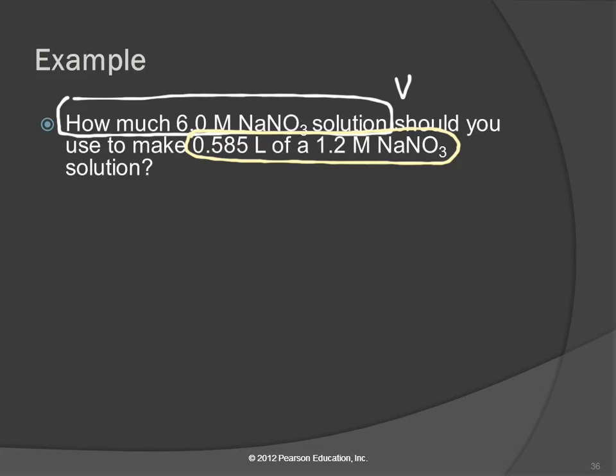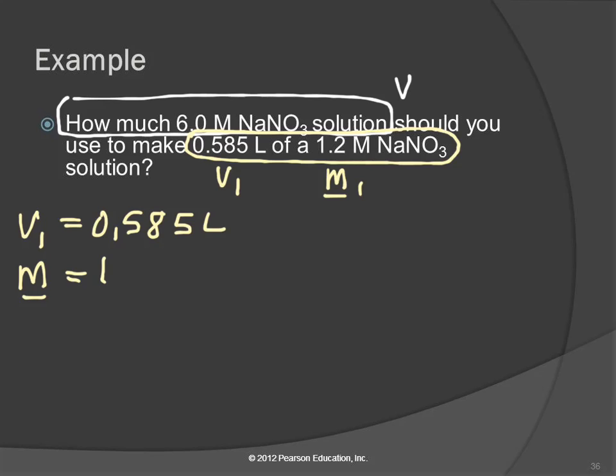You can call them 1 or 2, I don't care, but those are both the same solution. So let's call this volume 1 and molarity 1. So V1 equals 0.585 liters, and molarity 1 equals 1.2 moles per liter.